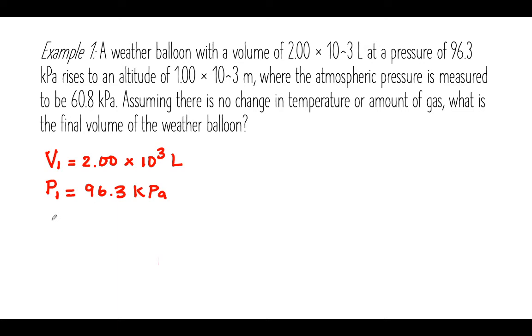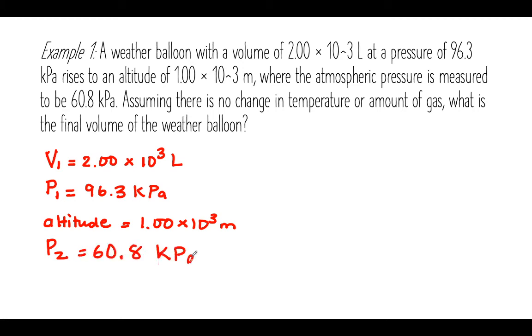Now we can write that down as something that they have stated to us. But you're going to see this is not really anything that we use in our calculation, right? And at that altitude, the atmospheric pressure, so P2, is 60.8 kilopascal.